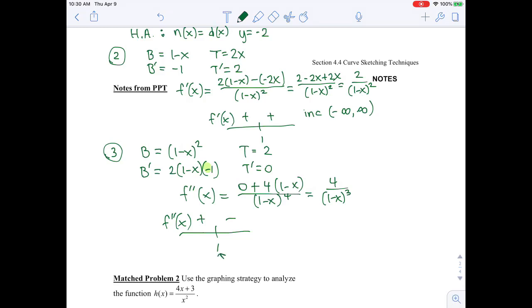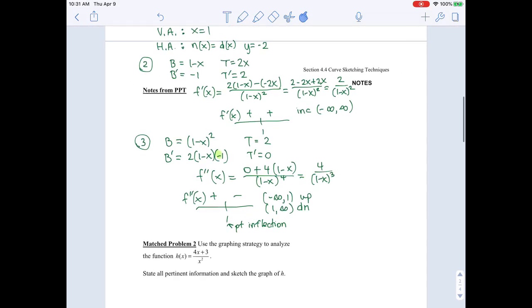So this is a point of inflection. And it is concave up from negative infinity to 1 and concave down after. So now we can go ahead and graph this.